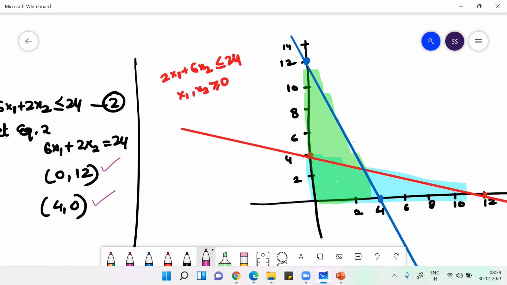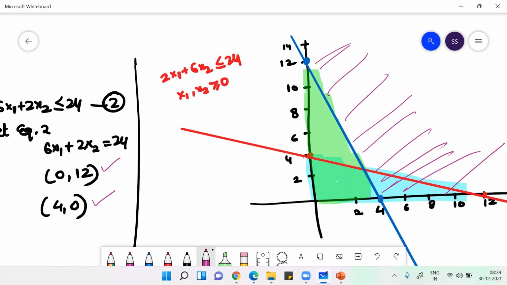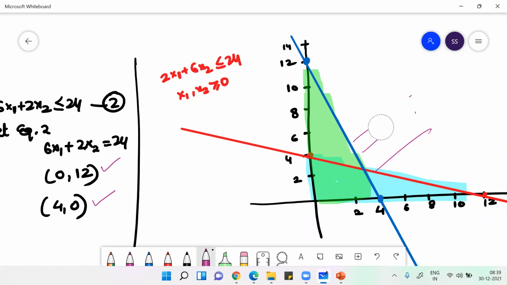Why not this? Why not this? You need to see the sign, guys.